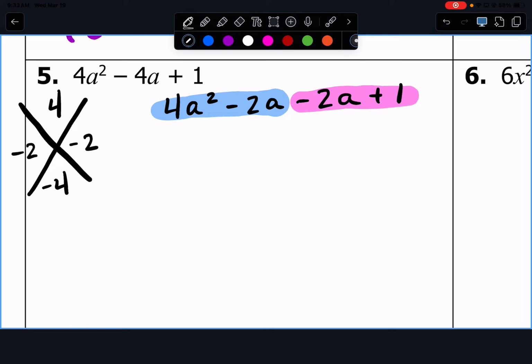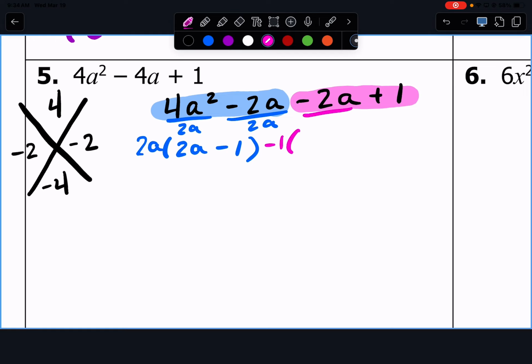So group them. What's our first GCF? So 4a squared divided by 2a is going to leave us with? Negative 2a divided by 2a is going to leave us with? For the second half, what is my GCF? Negative 1. Negative 2a divided by negative 1 is?